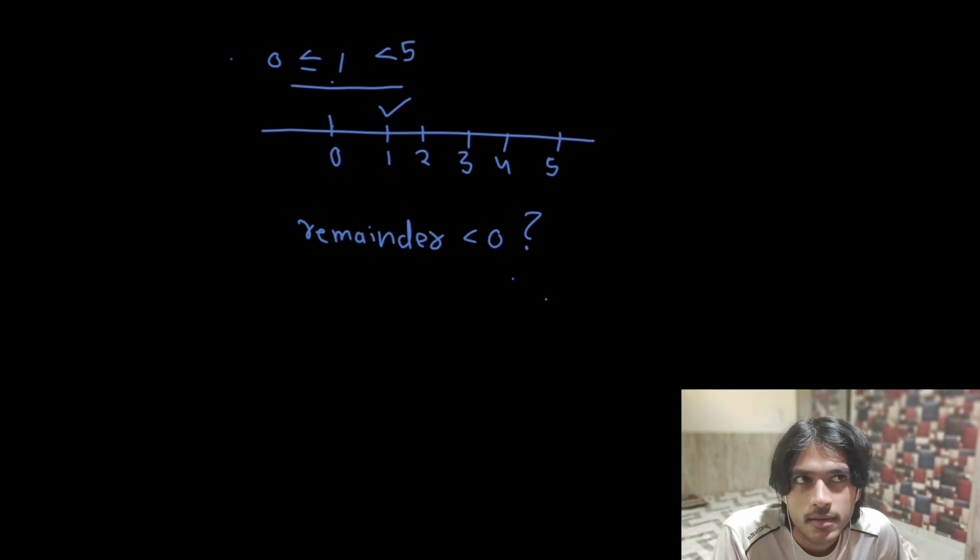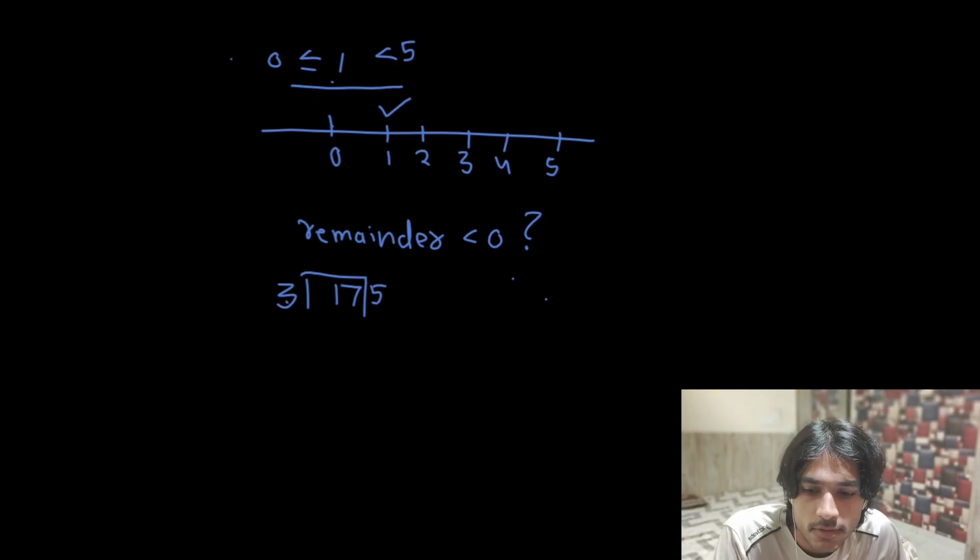So let me take any number. Let's say I have to make sure I get a remainder. So I could simply write 17 and then divide it by 3. So what would I get? 3 5s are 15 and then 2, right?